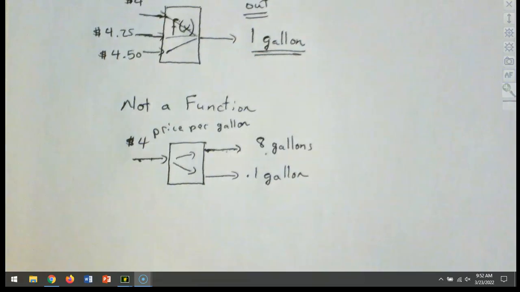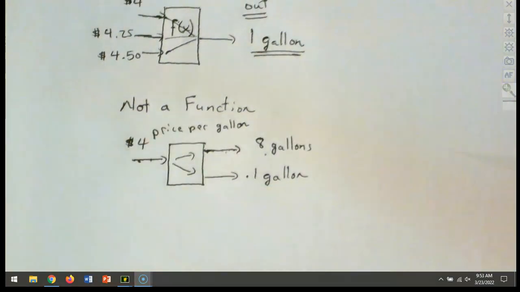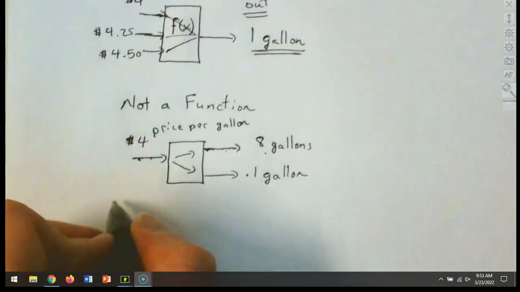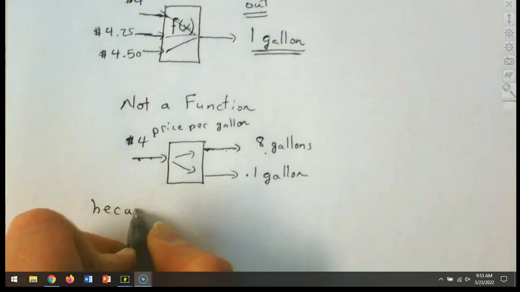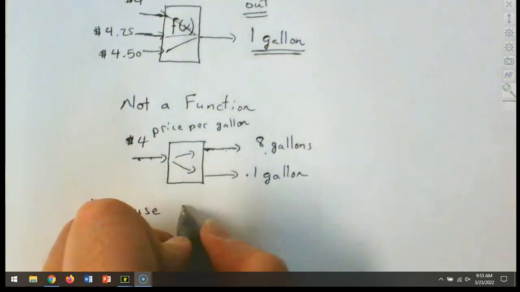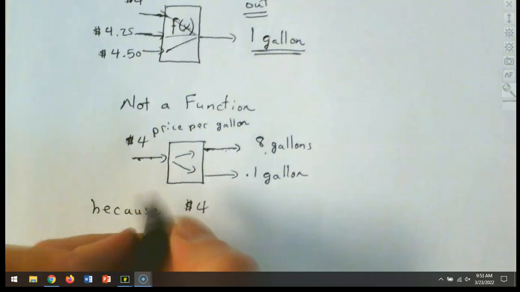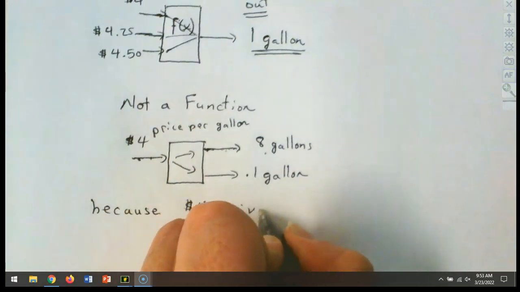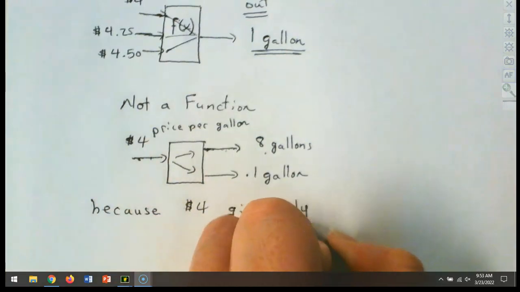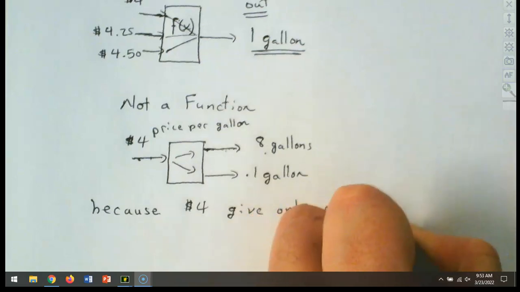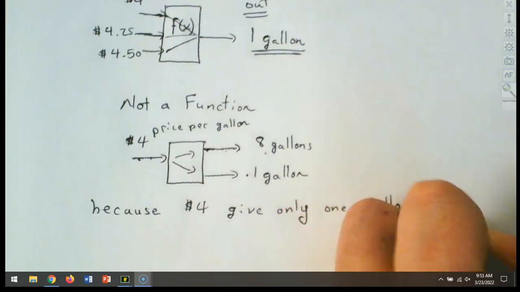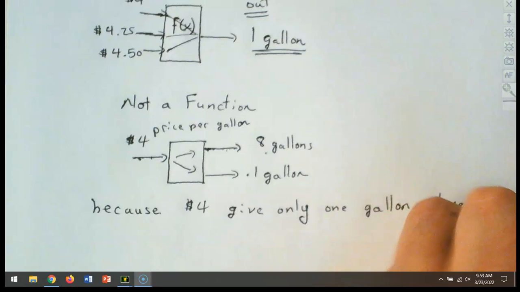Okay, this is the end part right here. You cannot split that. So this is not a function because $4 gives only 1 gallon, never 8.